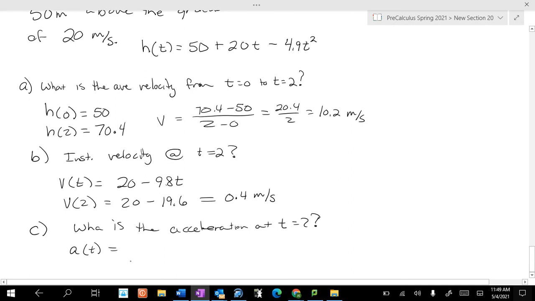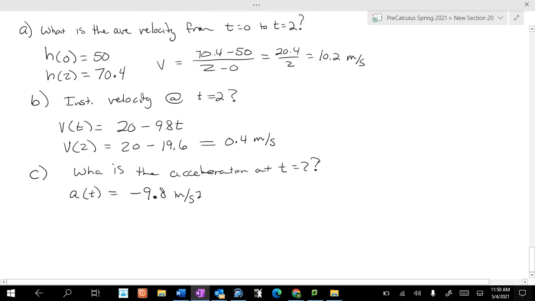First derivative of velocity. What's first derivative of velocity? Meters per second squared. Does it matter if time is 2 or 4 or 12 or anything there? No, time doesn't matter. There's no variable in there. We're out of variables, so that's acceleration. D.